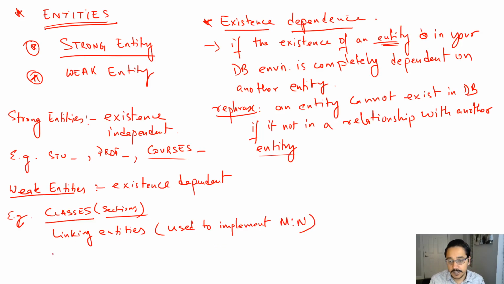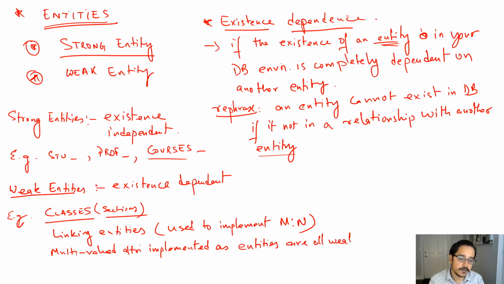Similarly, multivalued attributes implemented as entities are all weak entities, and so on and so forth.